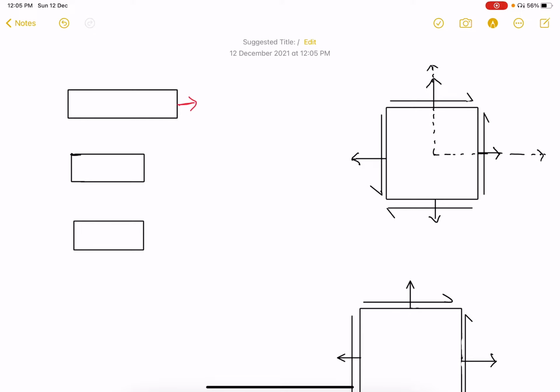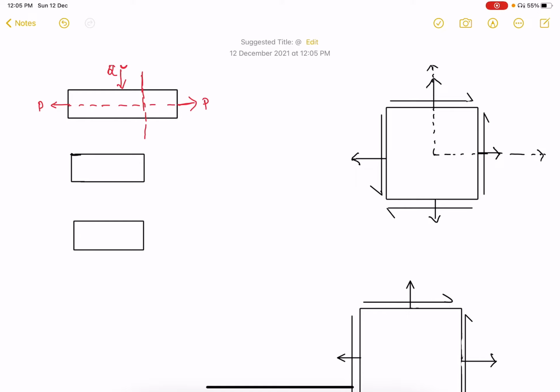Let P be the axial force and Q be the transverse force, acting perpendicular to the plane, which is transverse loading.